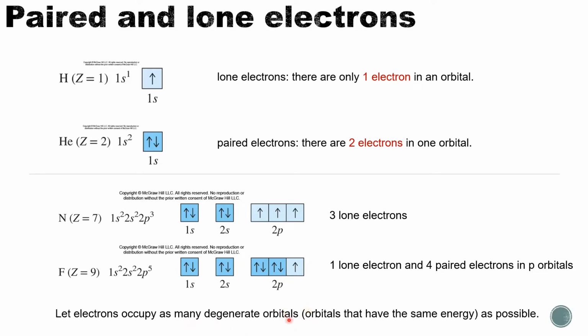Degenerate orbitals are orbitals that have the same energy level. In other words, the 3 orbitals in the p subshell, the 5 orbitals in the d subshell, or the 7 orbitals in the f subshell. After we know paired and lone electrons, we can determine whether an element is paramagnetic or diamagnetic.